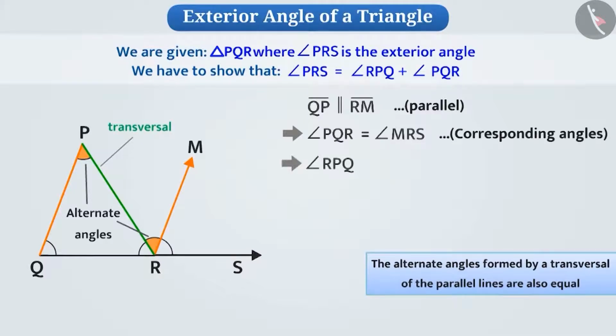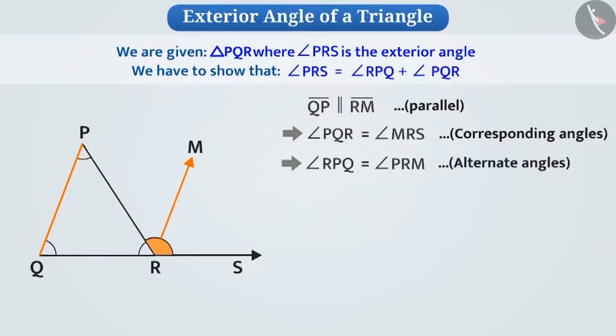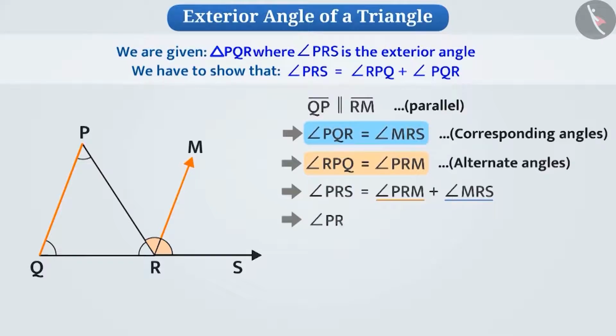If we talk about angle PRS, its measure is the sum of the measure of angle PRM and angle MRS, which we can write as angle PRS is equal to angle PRM plus angle MRS. If we replace angle PRM with angle RPQ and replace angle MRS with angle PQR, we will get angle PRS is equal to angle RPQ plus angle PQR.